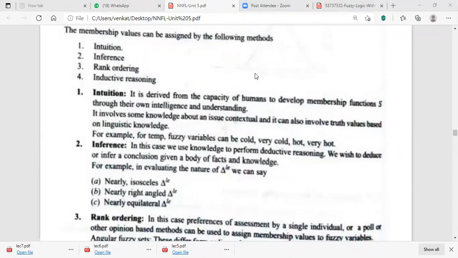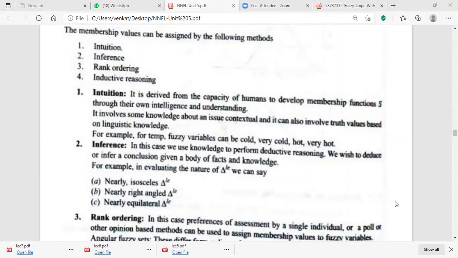So we are deducing the reasoning. Suppose, for example, if you are considering a triangle, we can say nearly isosceles, nearly right angled, nearly equilateral triangle. From the knowledge we have, we will be deriving certain reasoning from the facts available.